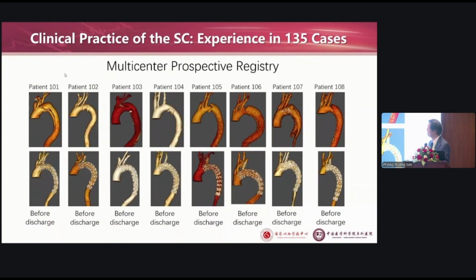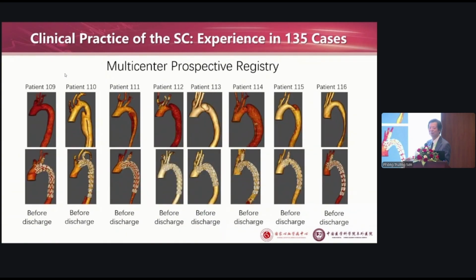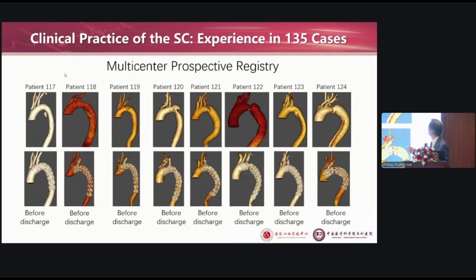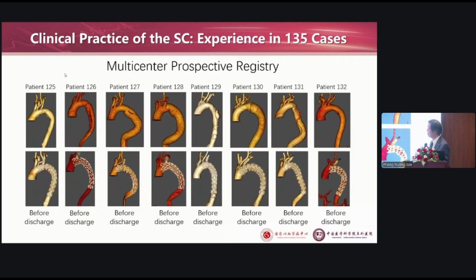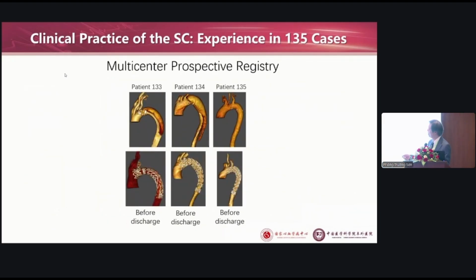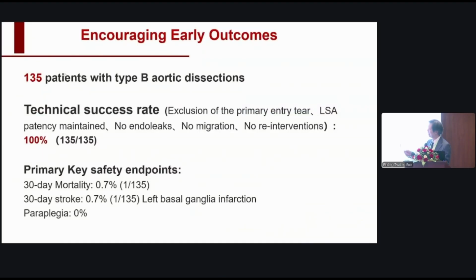For all the cases, we have the follow-up. That's totally the multi-center investigation of 135 cases. That's a very good follow-up. We'd like to emphasize the 30-day mortality is very low, because just 1 case suffered a heart attack 1 month later.